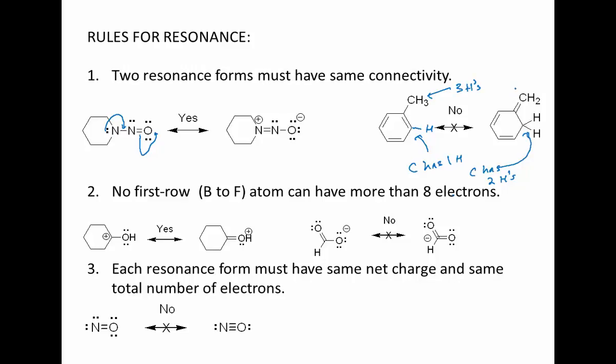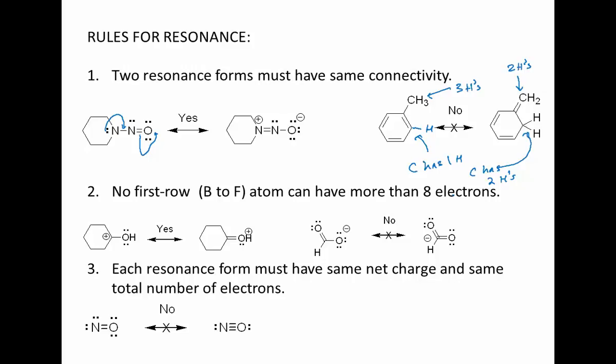If we look at this external carbon outside the ring, we see two incidents where there's a change in the connectivity in the structure. So these do not qualify as resonance forms. The resonance forms have to have the same connectivity.